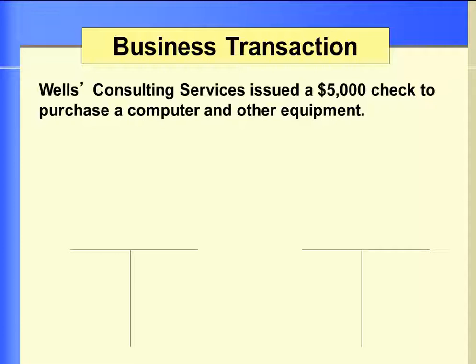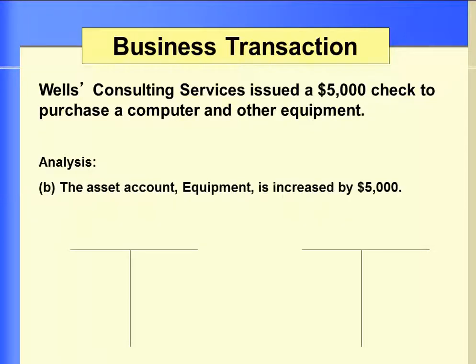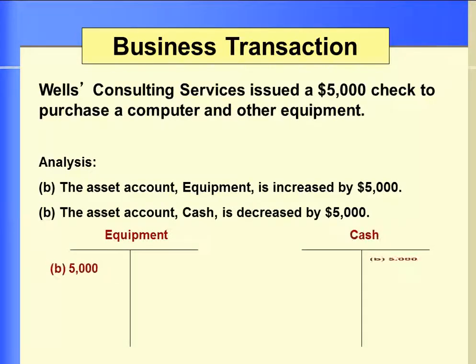It's actually going to be the same number if we're carrying balances like we did in the past presentation. It's going to have a net effect of 0, but we'll still record it. So the asset account is increased by $5,000, and we're decreasing cash by $5,000. So we're increasing an asset here with a debit, and decreasing an asset here with a credit.